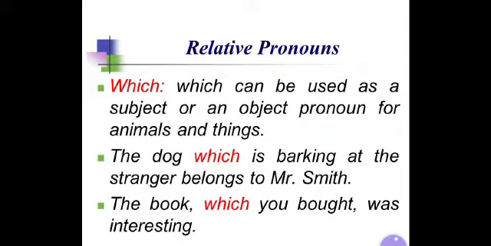The dog which is barking at the stranger belongs to Mr. Smith. The book which you bought was interesting. Here, book, it is a thing, and in the first sentence, dog, it is an animal. That's why you can use the relative pronoun which.